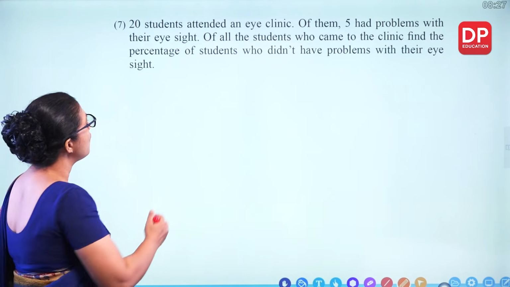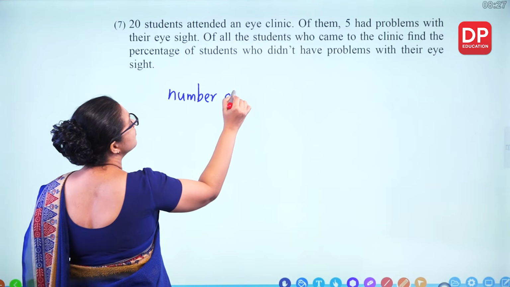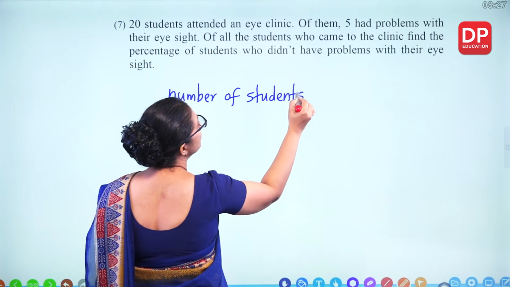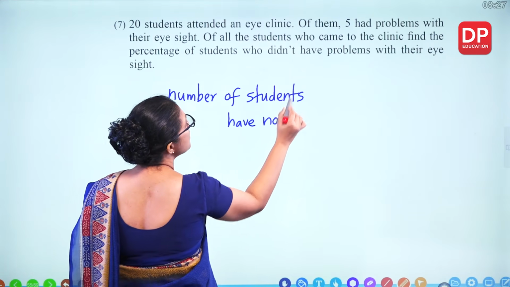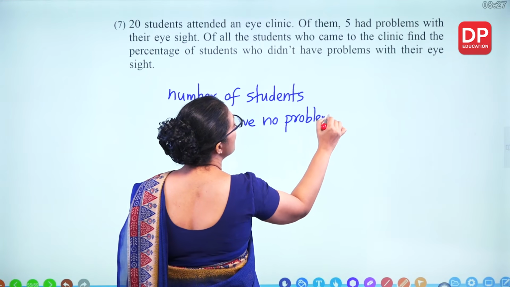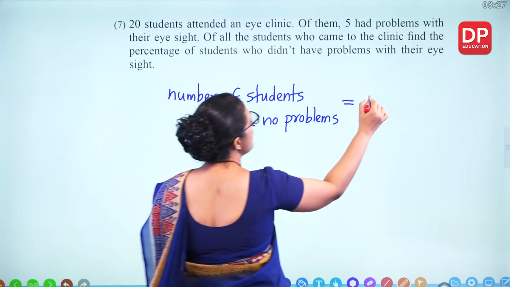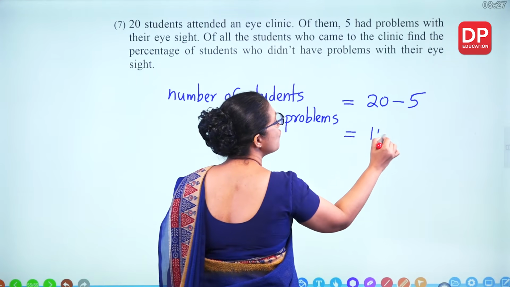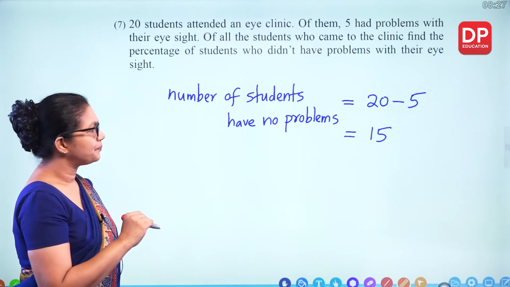So first we can find out the number of students who have no problems with their eyesight. Altogether 20. 5 had problems. You subtract 5. So 15 students have no problems.